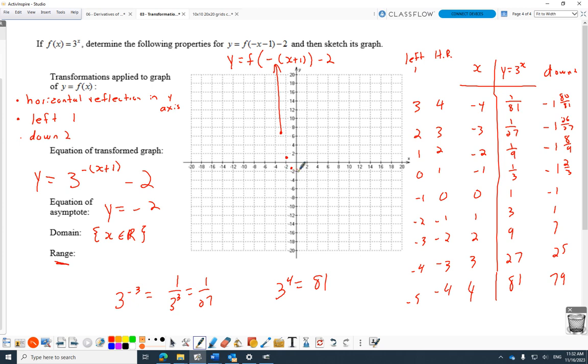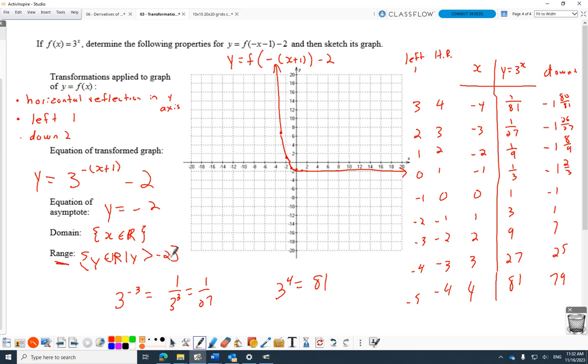It's getting close to -2 already. 1, -1 and 8/9. It's getting close to -2 already. How many of these do I need? Not very many. It's getting close to -2, so this comes down to the asymptote at -2. Now I can do my range. Y element of reals such that y is greater than -2.